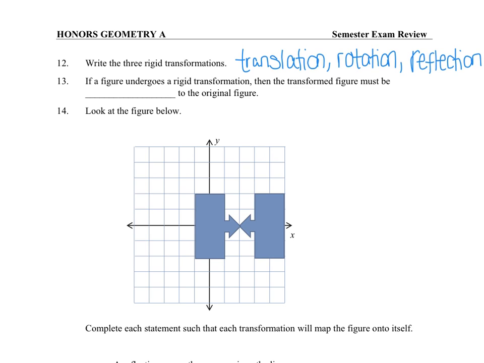What we learn about in Unit 2 is dilations, which keeps the shape but not the size. Question 13 says, if a figure undergoes a rigid transformation, then the transformed figure must be blank to the original figure. Well, as we just said, rigid transformations preserve size and shape, so the transformed figure must be congruent to the original figure.